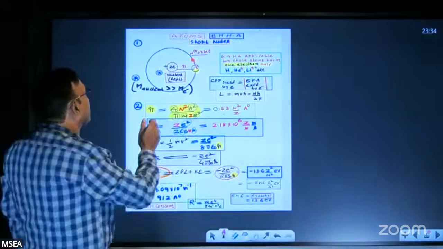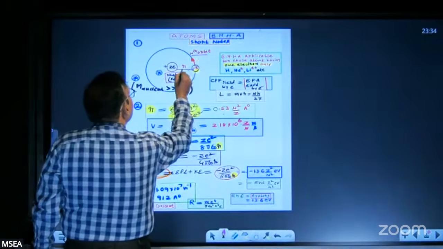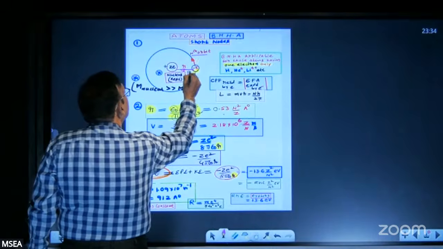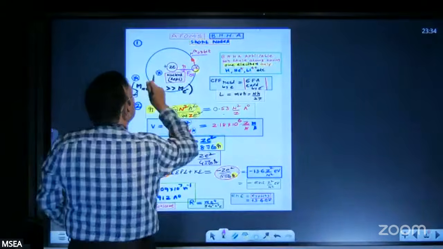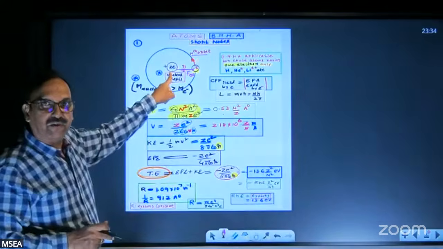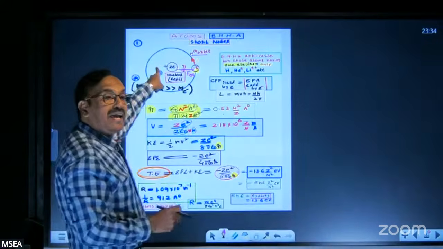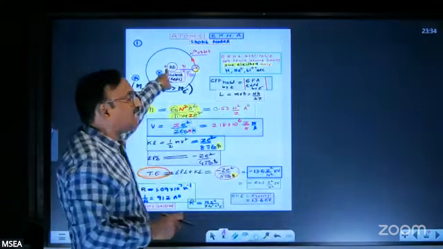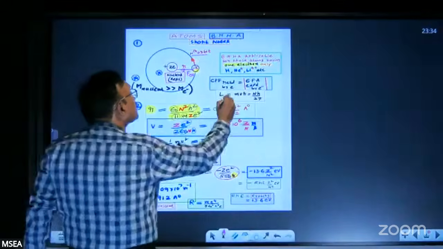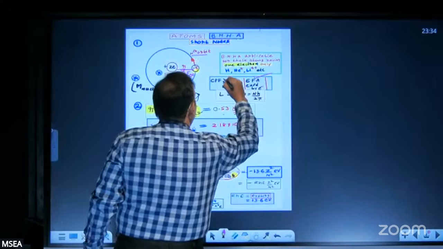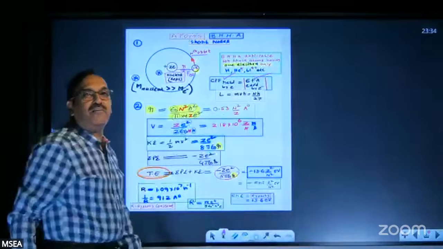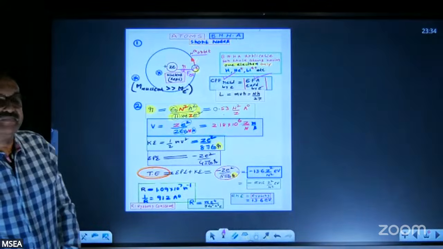Who will provide the centripetal force? The negatively charged electron experiences an electrostatic force of attraction towards the positively charged nucleus, and this electrostatic force of attraction is converted into centripetal force. That's concept number 1.